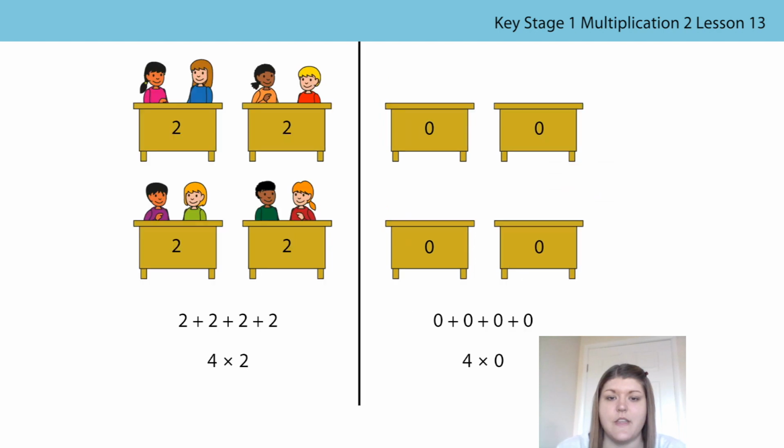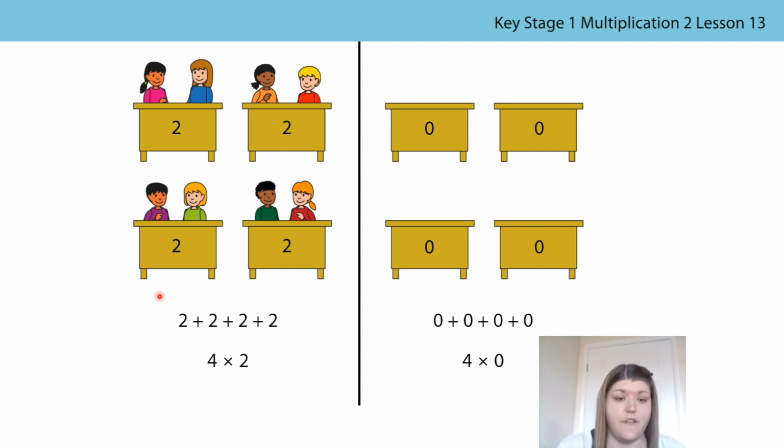Let's look at both of these together. So if we look at both together, they both have 4 desks. Our group size changes. So we go from having 4 groups with 2 in.